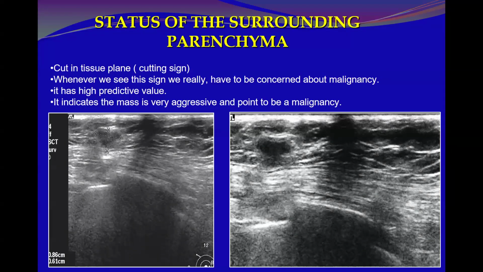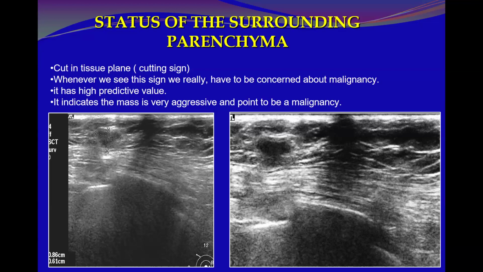specifically these signs, okay, I found that they are really highly predicting for malignancy. Whenever we see this sign, we really have to be concerned about malignancy. As you know, there is some overlap between benign and malignant lesions, especially when they are small.